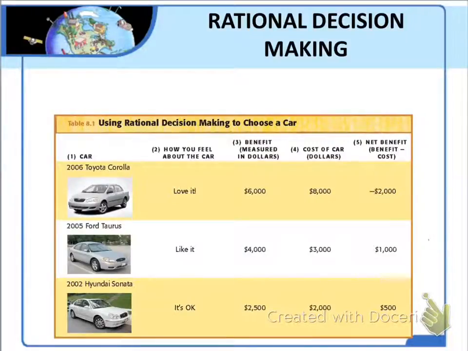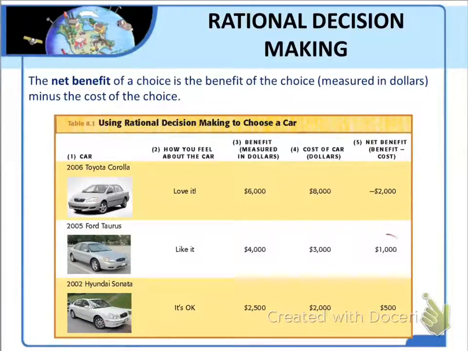But if you translate the personal benefit into dollars by asking yourself, what is the most I would be willing to pay for this benefit, and then subtract the cost, you get the net benefit from that choice. The best choice is the one that offers the highest net benefit. And in this particular case, you can see it is the Ford Taurus, which gives us a net benefit of $1,000.